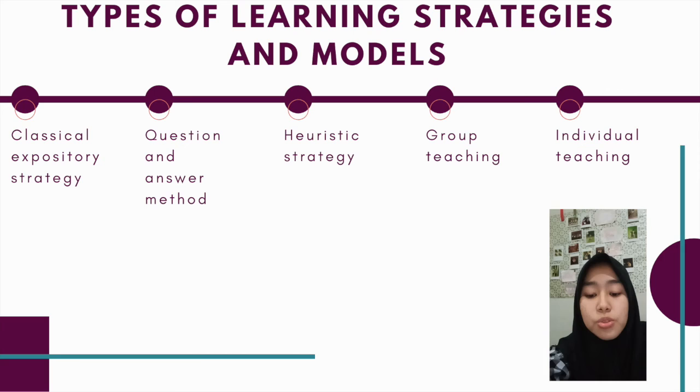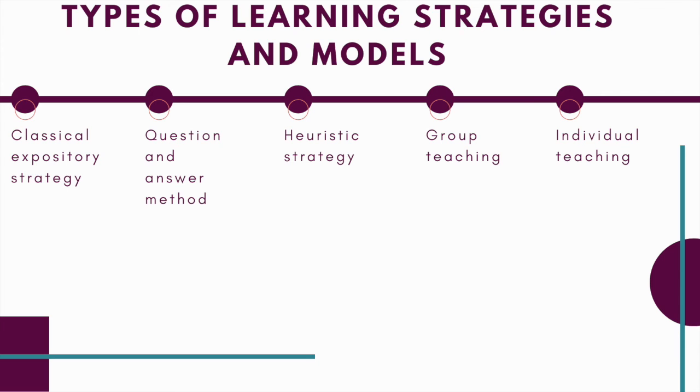In group work, students are given the task to do things as a group. Group discussion is a process of brainstorming among participants through student discussion. And the last, individual teaching. This teaching aims to provide opportunities for students to progress at their own pace.